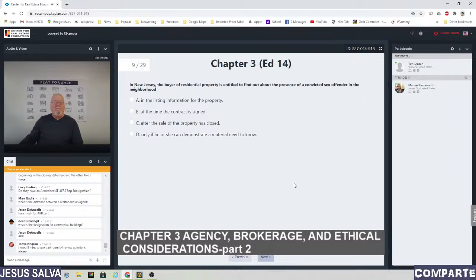Number 9, in New Jersey, the buyer of residential property is entitled to find out about the presence of a convicted sex offender in the neighborhood.